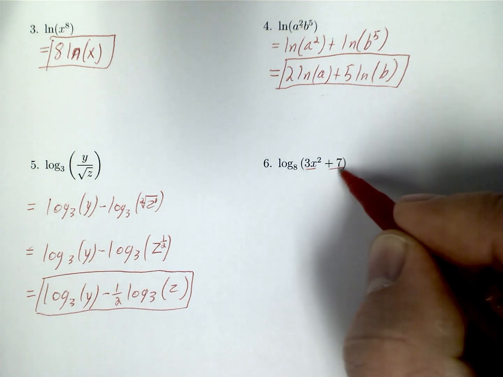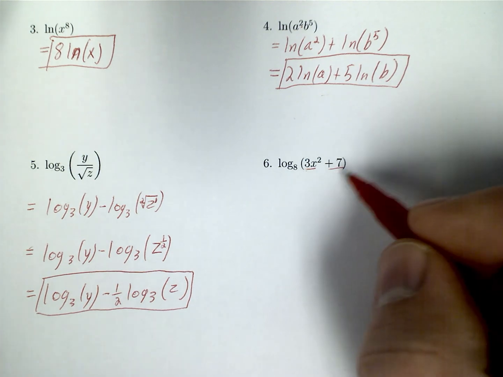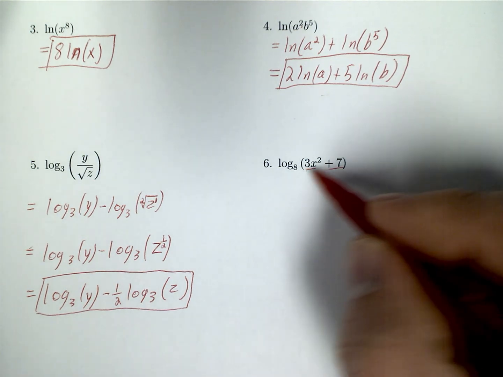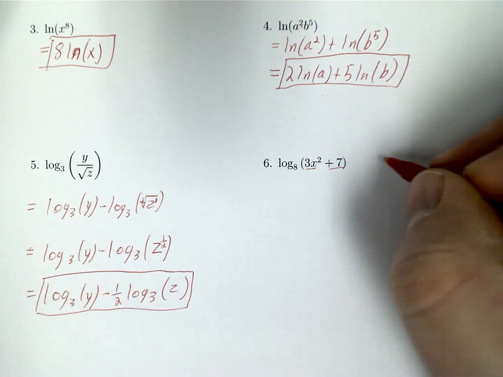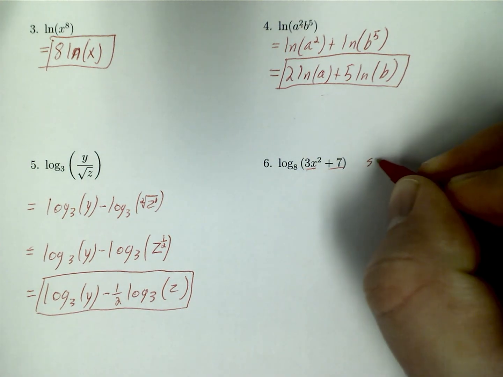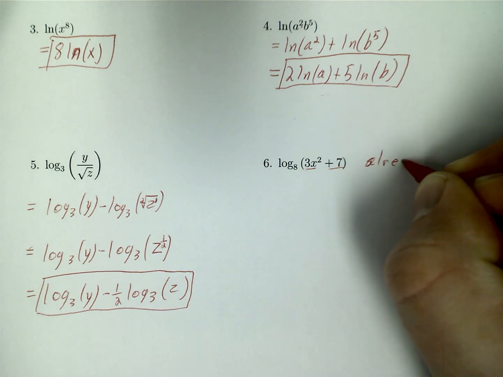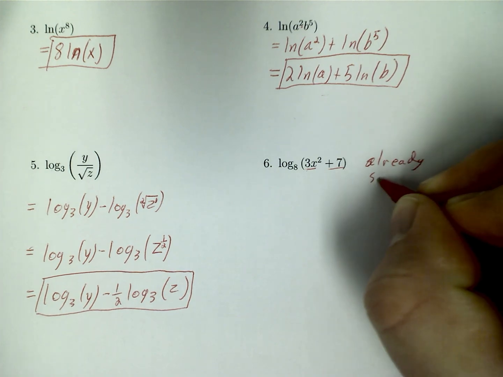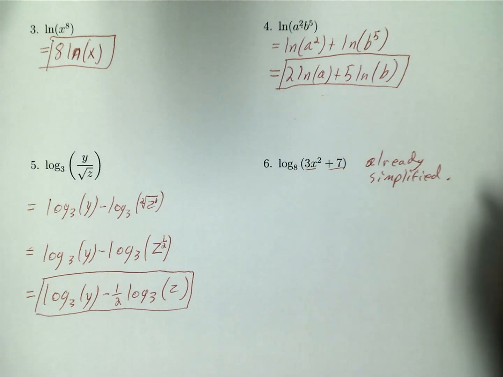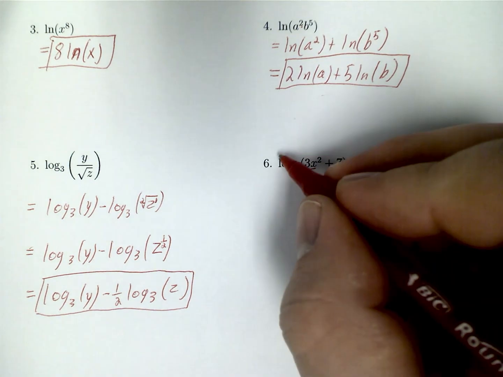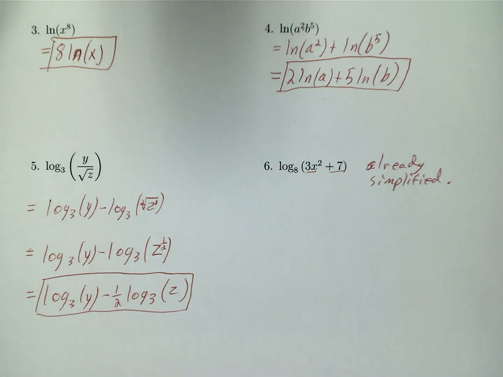So here what we have are two terms inside. Because we can't factor this or somehow rewrite it, we say this is really simplified as much as we want to. There's not really much to be done. Okay? That concludes this lecture.